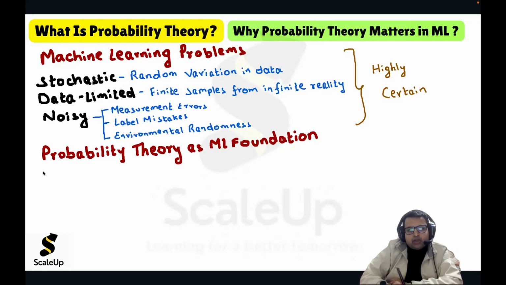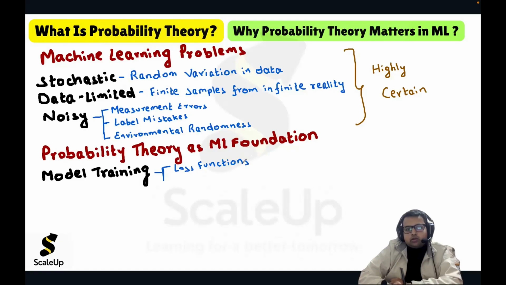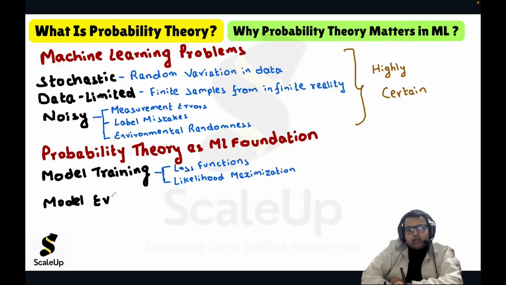So basically probability theory plays a role in training the model, like in calculating loss functions and also in likelihood maximization. Probability theory plays a role in model evaluation, like confidence scores and risk sensitive metrics.